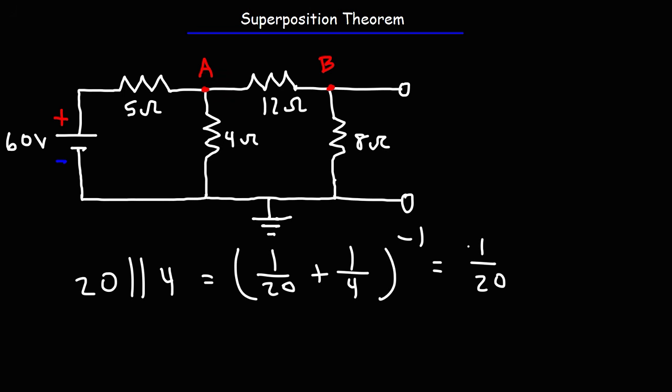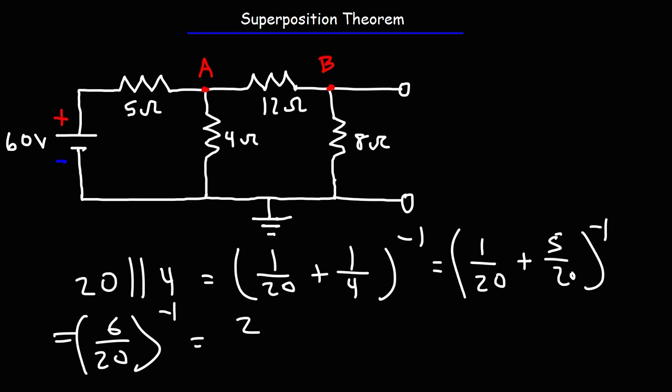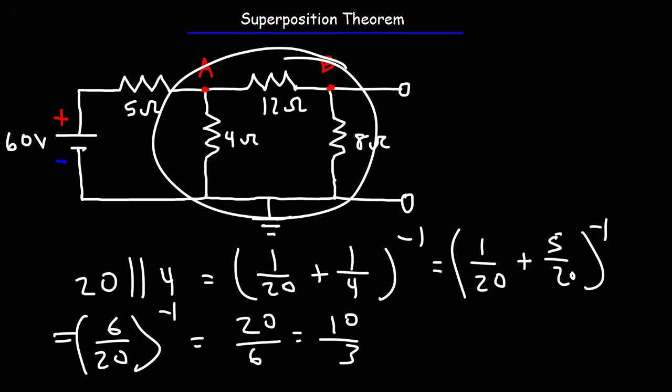Now, 1 over 4, if you multiply that by 5 over 5, that will give you 5 over 20. And so this is 6 over 20. And then when you raise it to the minus 1, it becomes 20 over 6, which is 10 over 3. And of course, you can type this in your calculator to confirm that. So these three resistors have an equivalent resistance of 10 over 3.